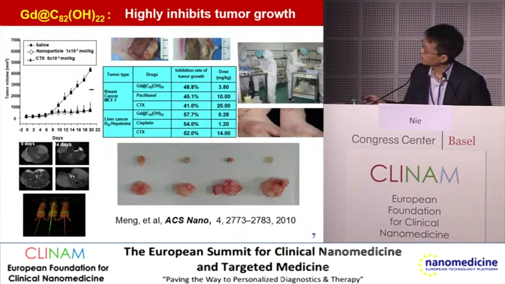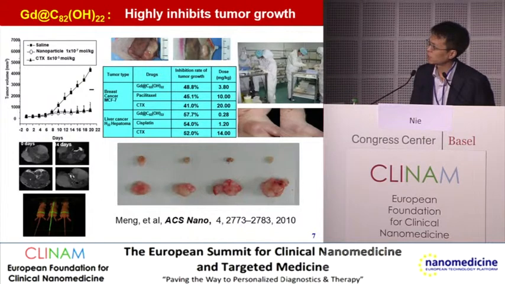Initially we took several tumor models commonly used in our lab, for example breast cancer and liver cancer models. When we intravenously injected this structure, we saw very dramatic inhibition of tumor growth, and the images show that it can indeed inhibit tumor growth.